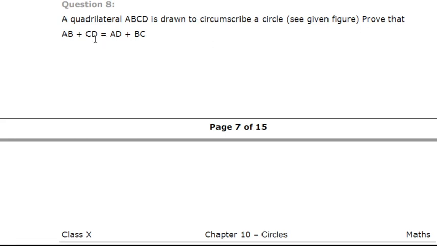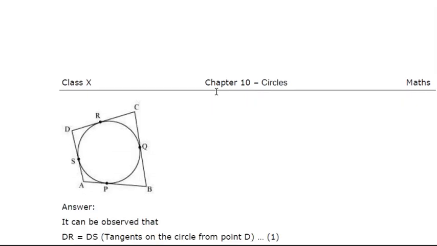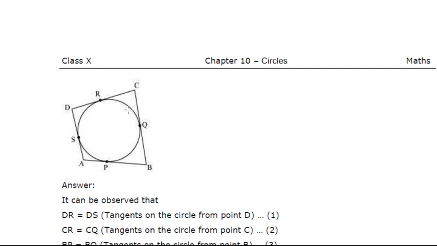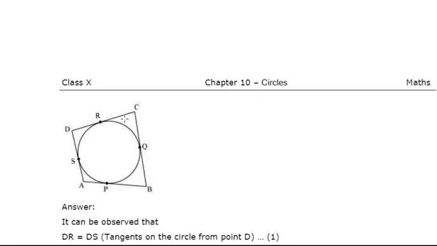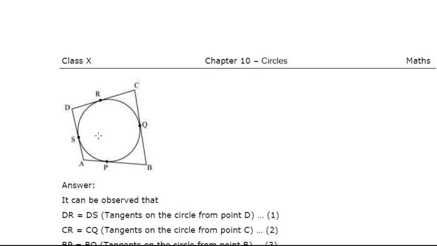Prove that AB plus CD equals AD plus BC. You have circumscribed a quadrilateral to a circle. And you have to prove that AB plus CD equals AD plus BC. This line and this line, its sum equals this line and this line.